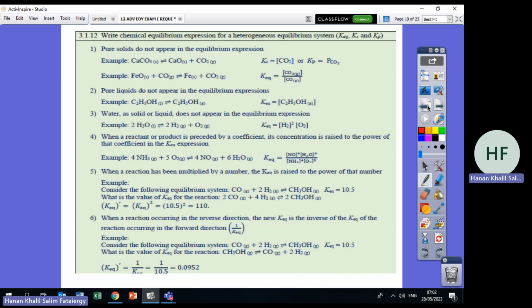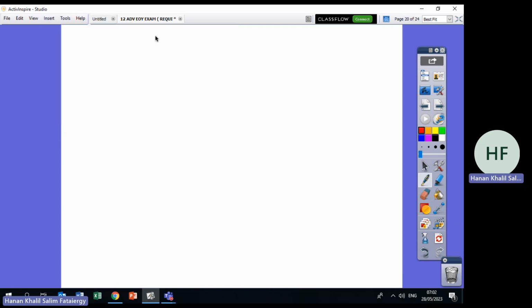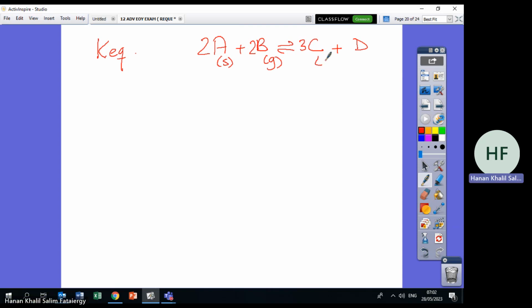Okay, now the last lesson is about the equilibrium expressions. Let me remind you about the rules before we start. Okay, K equilibrium. When we have equilibrium, this means I have A plus B in equilibrium with C plus D. Supposedly we have 2 here, we have 3 here, this is solid. Okay, we have 2 here, this is gas, this is aqueous, and this is liquid.